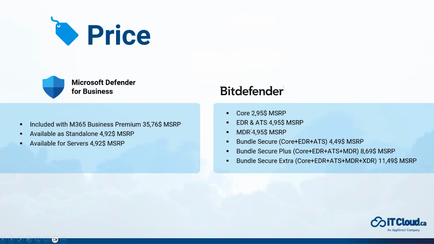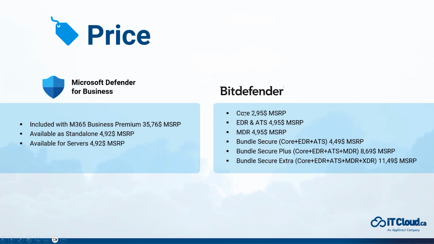That's a client price. About a year ago, Bitdefender called us up. We had a discussion and we talked about how Microsoft were super aggressive. And they said, yeah, we're coming up with bundles and we're going to be even more aggressive. So now, since I think a little before the end of 2023, if you look in your IT Cloud portal and you go to purchase Bitdefender, you'll see a new SKU called Bundle Secure.